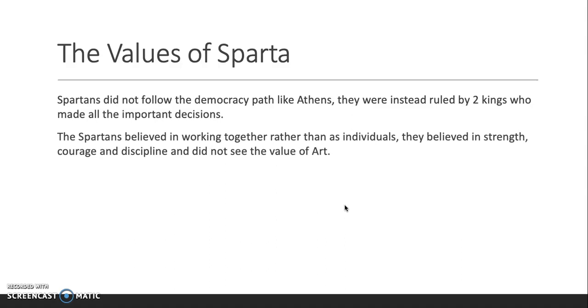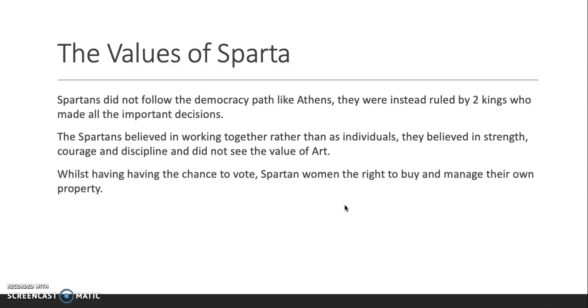They believed in strength, courage, and discipline, and did not really see the particular value of art. Whilst not having the chance to vote, Spartan women had the right to buy and manage their own property too. So have a good think about the difference there between Athens and Spartan women. You can note there is a particular difference between the two there.